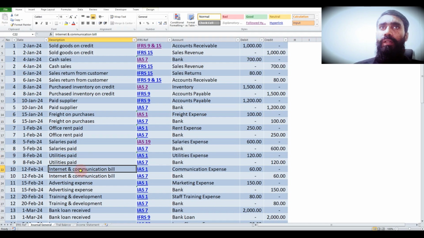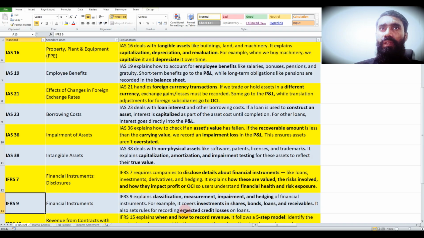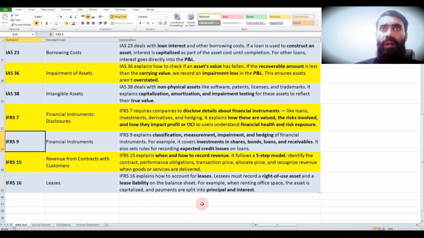Utilities paid, it's also an expense account. Internet and communication bill, it's also an expense account. Advertisement, advertising expense, it's also an expense account. Training and development, it's also an expense account. Bank loan received, now it's a loan received, we have discussed under IFRS 9.